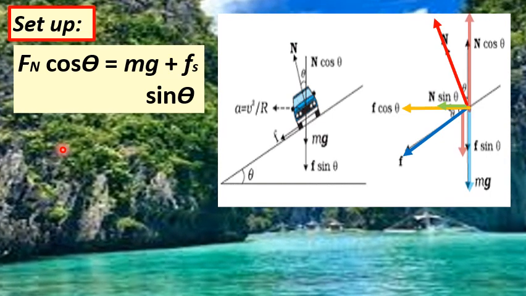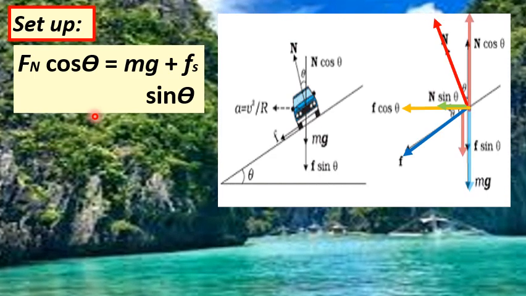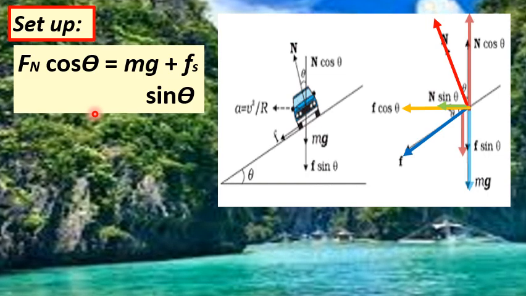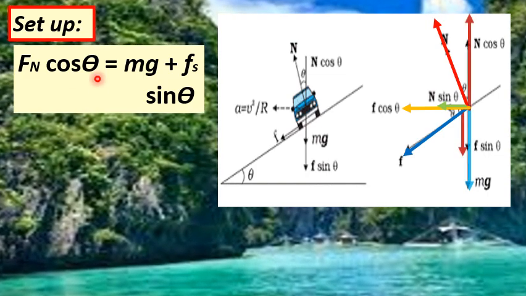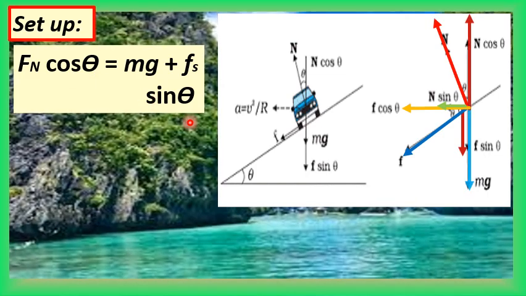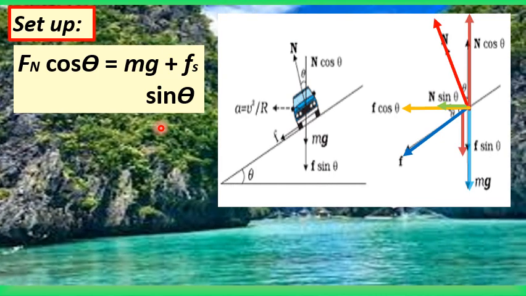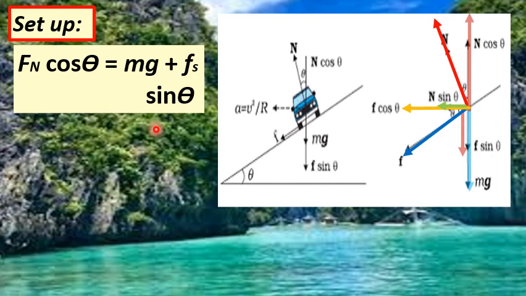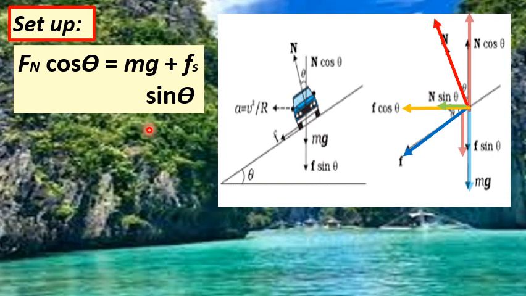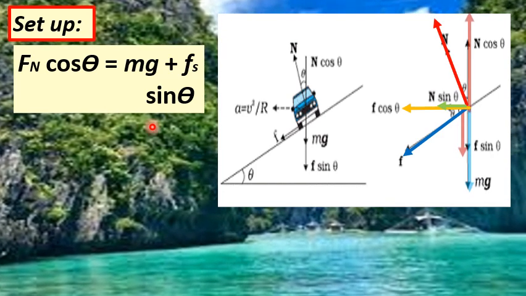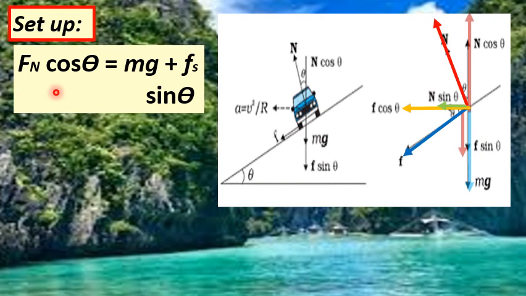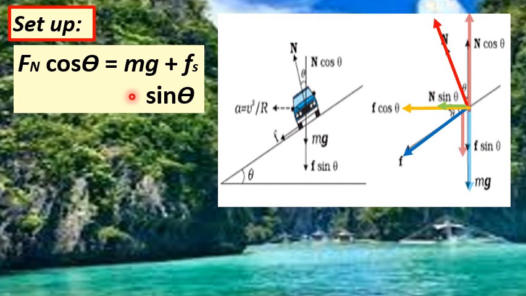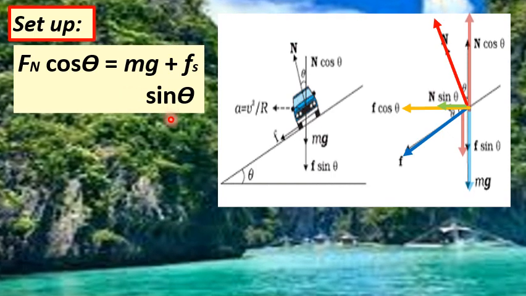For us to be able to find the normal force, we consider the static equilibrium equation along the y-axis. That is, the summation of Fy must be equal to 0, which means that the upward force Fn cosine theta is equal to the downward forces mg plus Fs sine theta.